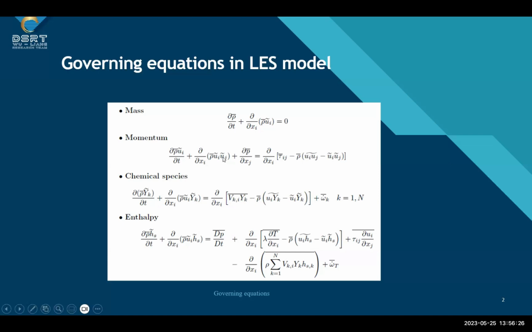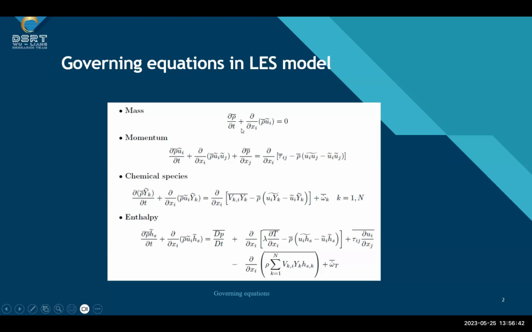By writing the governing equation for a mass particle in our domain, we can obtain this formula.